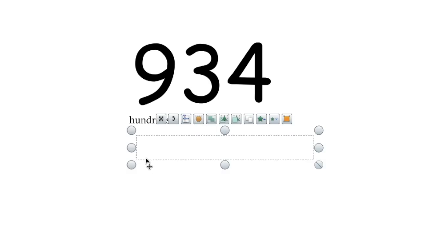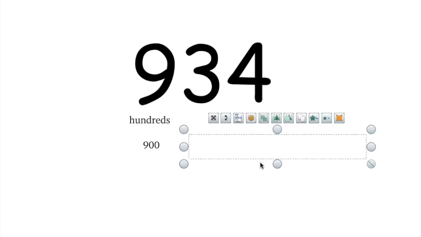Let's take a moment to review place value. This number is 934. Now we know from previous years of study that each of these digits is a place value. So for instance, this 9 does not simply represent just 9, it's in the hundreds place, so it represents 900.